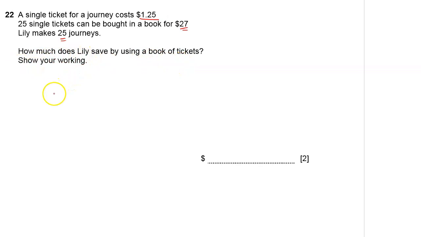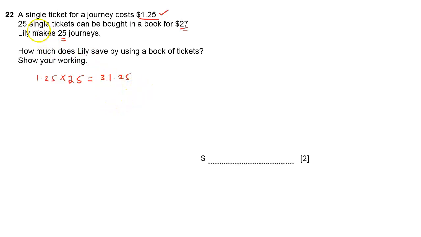Show your working. If she bought single tickets, that will cost Lily $1.25 times 25. This will be equivalent to $31.25, which Lily has to spend.